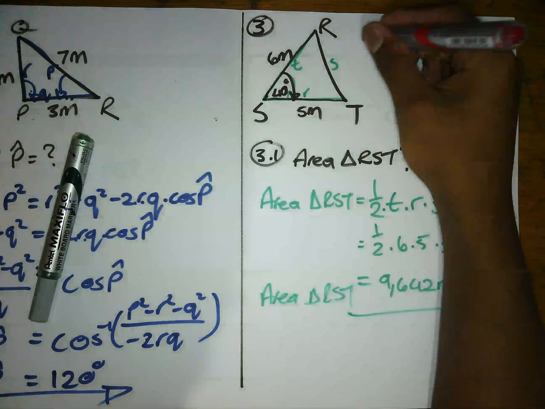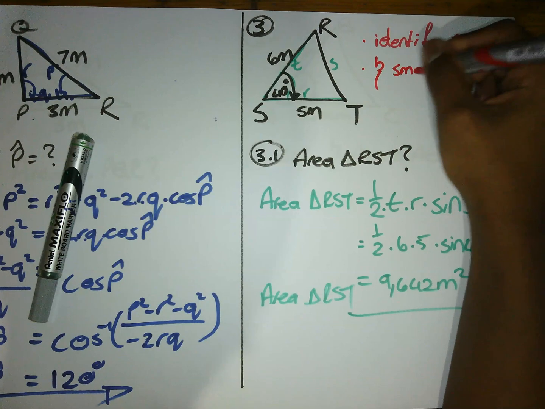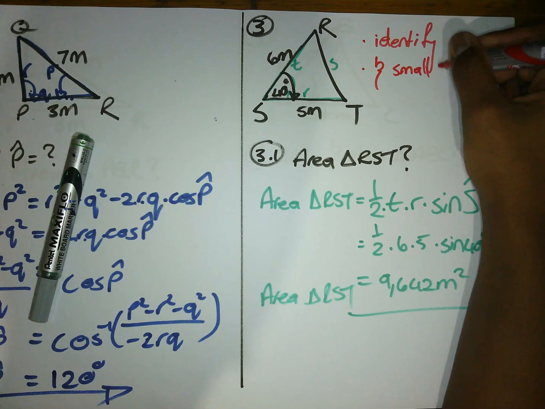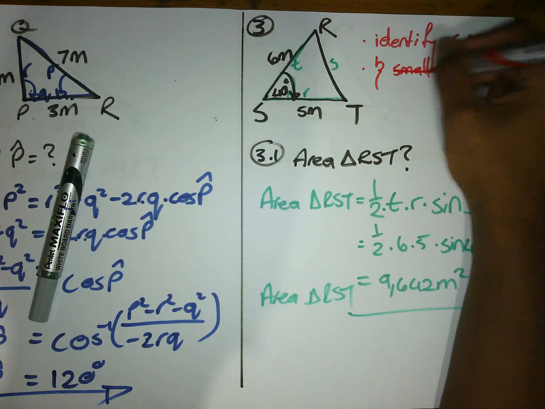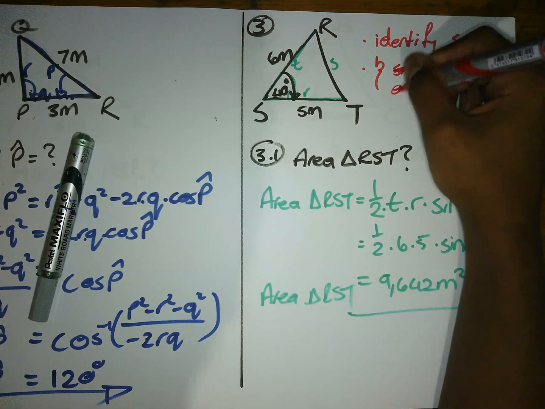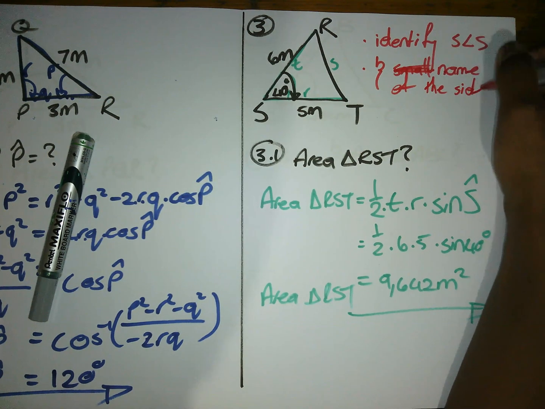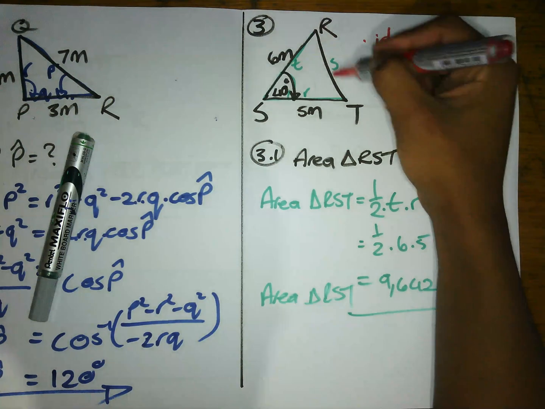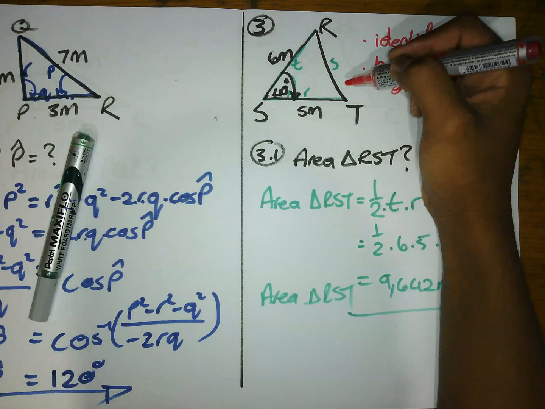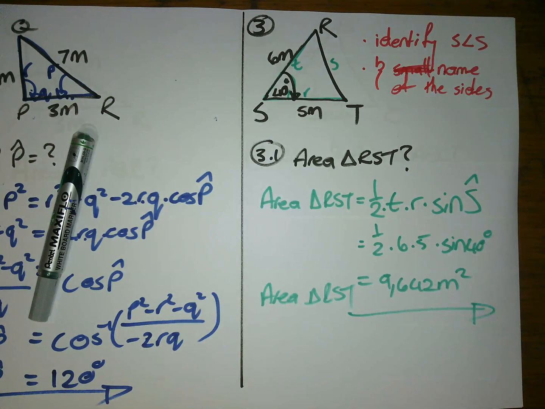Name the sides and the small letters. The name of this side, yes, you can name it RT, but you're naming it S, the same thing.